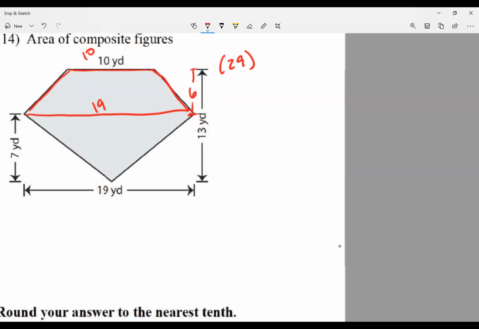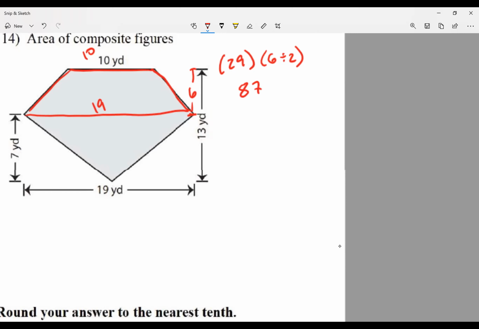Remember for trapezoids, I add the bases, that's how I got the 29, times height divided by 2. So 29 times 6 divided by 2 tells me that the trapezoid alone is 87.